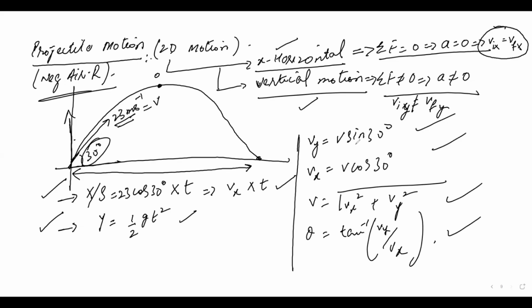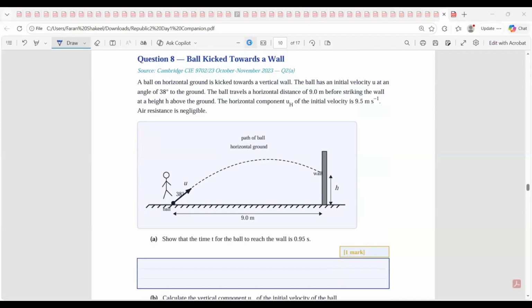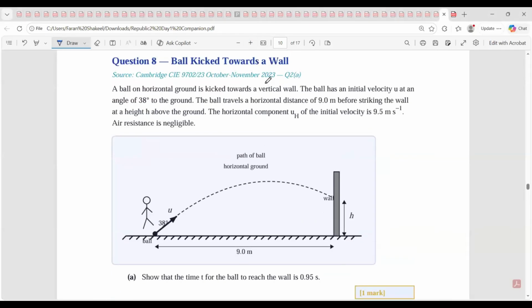So these are some of the properties about the projectile. But since the topic might seem a very simple one, the questions related to projectile motion, you guys often mess up. So for example, if we talk about this sort of a question right over here: a ball on a horizontal ground is kicked towards a vertical wall. The ball has an initial velocity u at an angle 38 degrees to the ground, right?